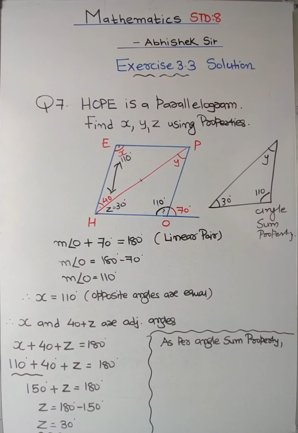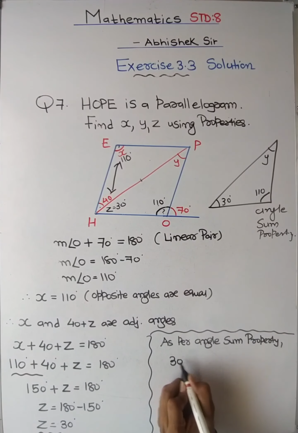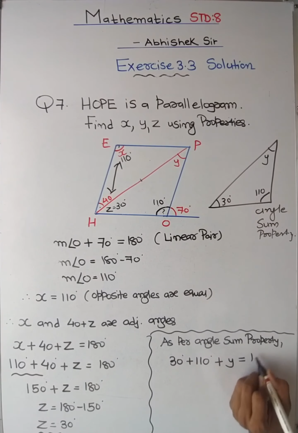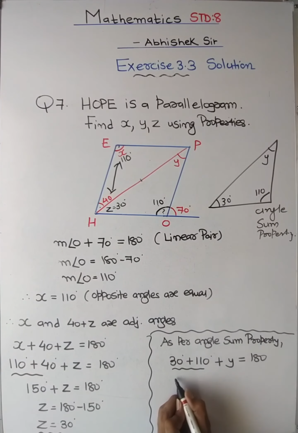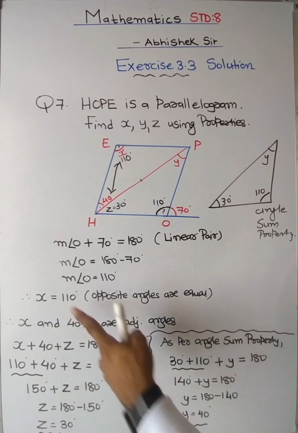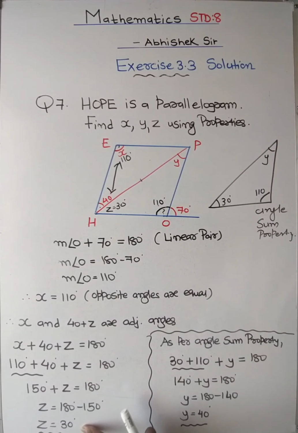As per the angle sum property, we can write 30 plus 110 plus y equals 180. Adding these two is 140 plus y equals 180. So y equals 180 minus 140. So that will give y as 40 degrees. So finally we have x equals 110, z equals 30 and y equals 40 degrees.